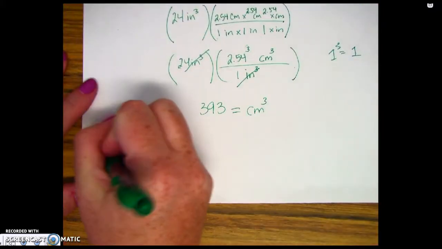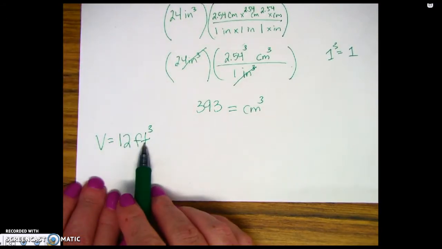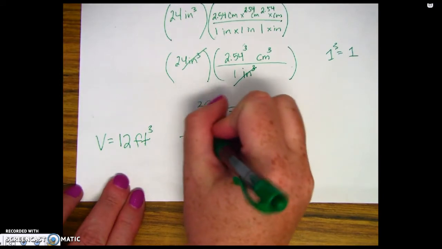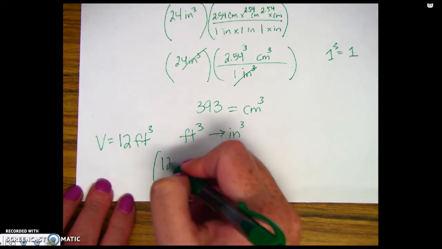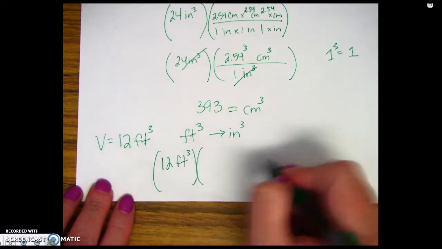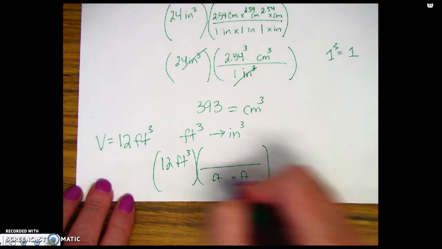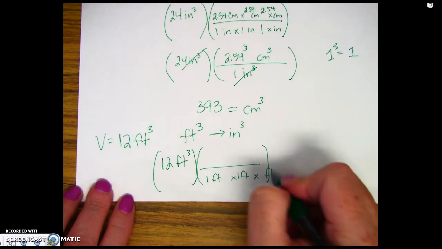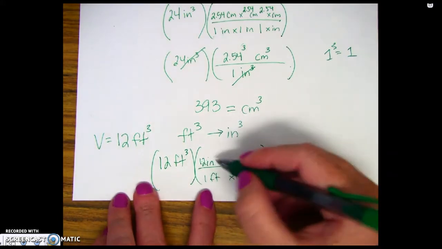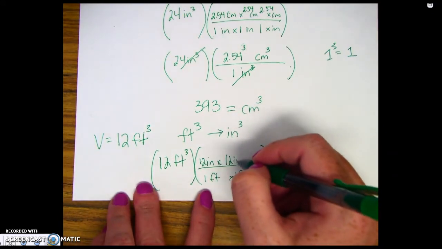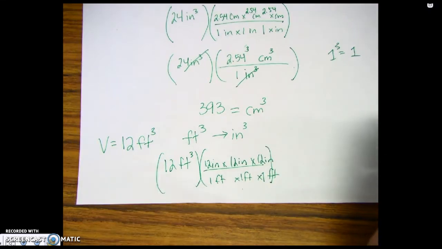I could even show you feet. Let's say my volume is 12 cubic feet, and let's say I want to take that cubic feet to cubic inches. 12 cubic feet means it's a foot by a foot by a foot. And I know that there's 12 inches in 1 foot by 12 inches in 1 foot by 12 inches in 1 foot.